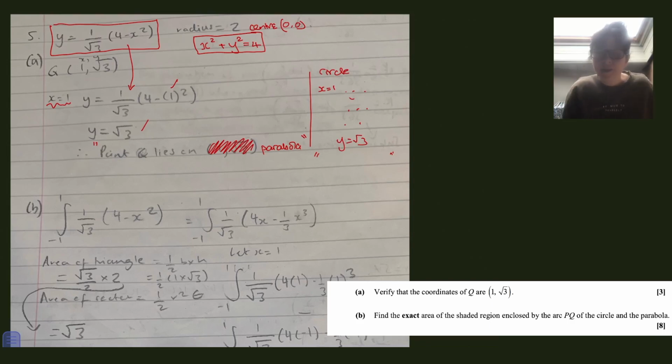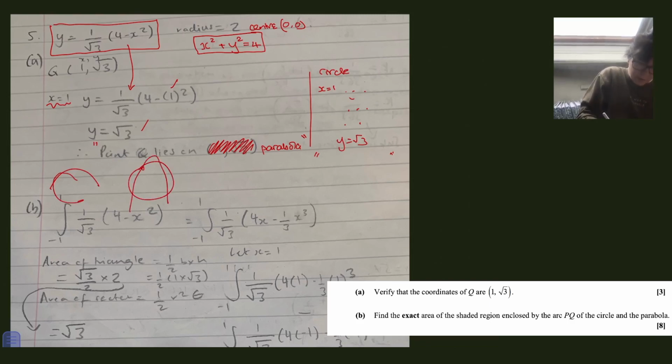Oh, yeah, because how do we know that (1, √3) isn't the coordinates of point P? Yeah, because P, can't remember what it looked like now, circle, parabola. So P and Q both lie on both. So if I check that it's on the parabola and then check it's on the circle, that still doesn't mean that I found Q. I might have found P. How do I know that I found Q?